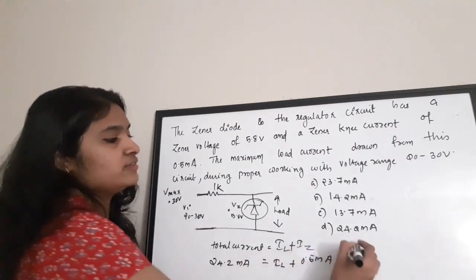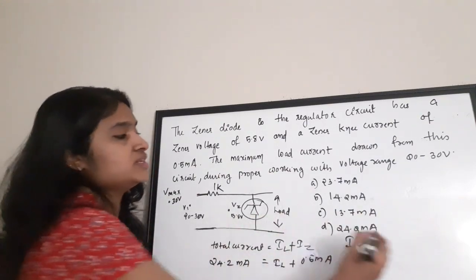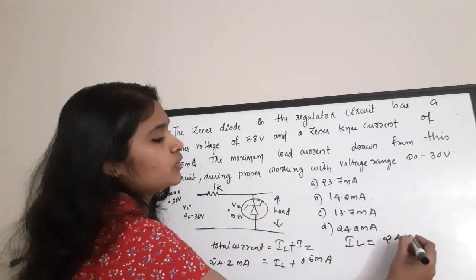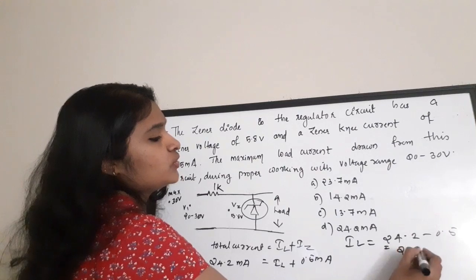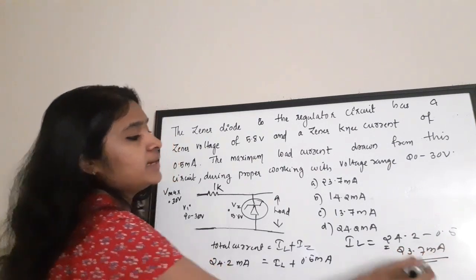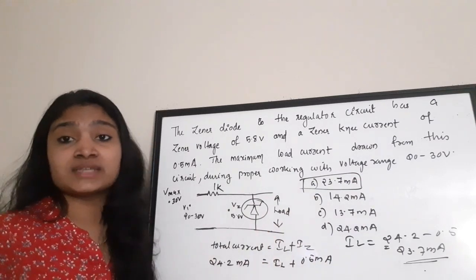From that you can find IL as 24.2 minus 0.5, which is equal to 23.7 milliampere. So the correct answer here is option A, which is 23.7 milliampere.